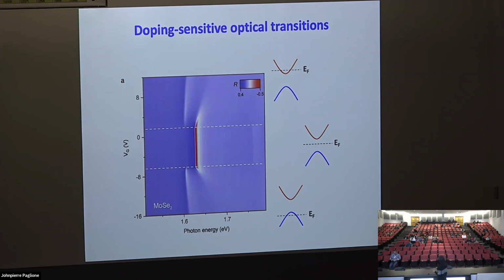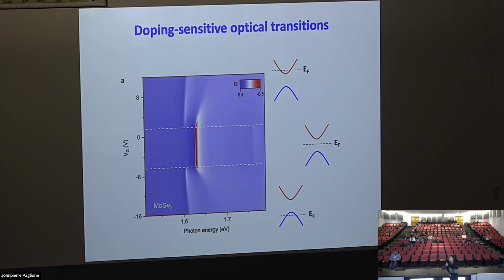This is due to many-body effects when you have an exciton in a sea of electrons or holes. This is called the repulsive polaron, and this is the attractive polaron. But the main message is that it becomes two features. So if you see something like this, your sample is doped. This is a very sensitive probe of doping as well.